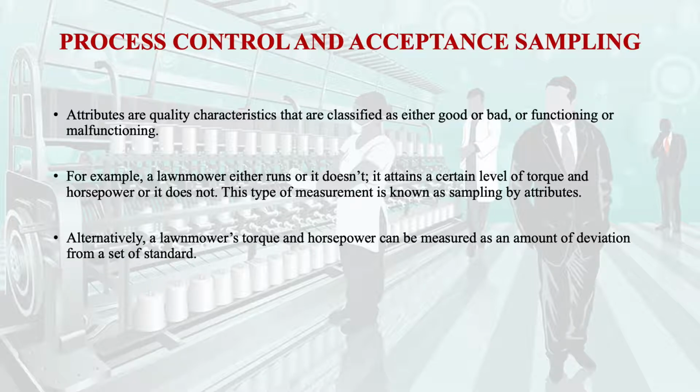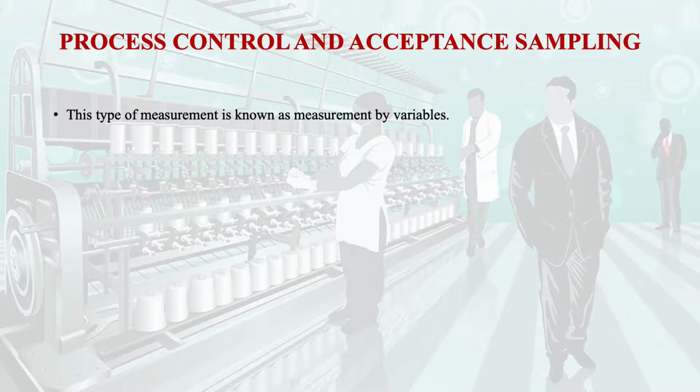Alternatively, a lawn mower's torque and horsepower can be measured as an amount of deviation from the set standard. This type of measurement is known as measurement by variables.